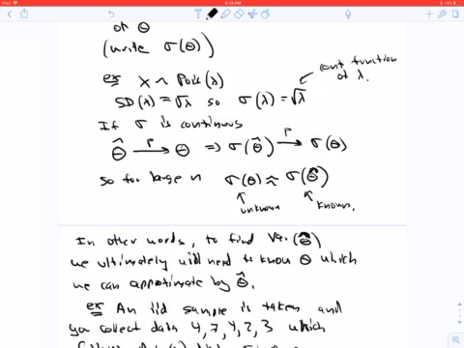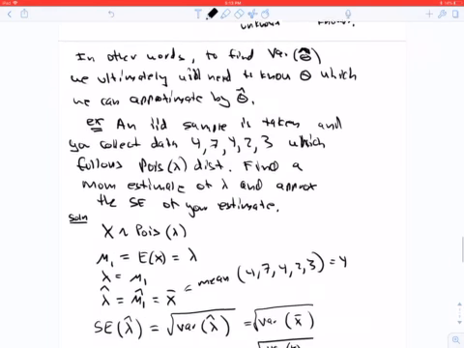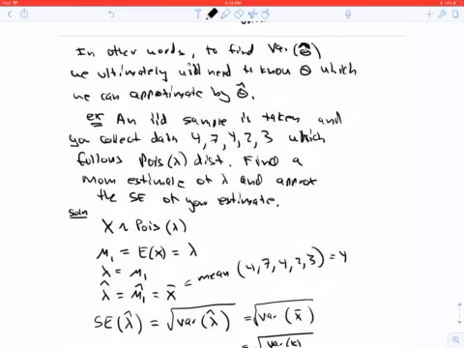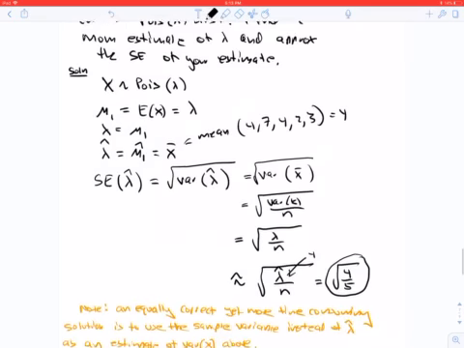So sigma of theta, which is unknown, can be approximated quite well by sigma of theta hat, which is known. So let's take a look at an example here. An IID sample is taken and you collect data, let's say 4, 7, 4, 2, 3, which follows a Poisson lambda distribution. Let's find a MoM estimate of lambda and approximate the SE of your estimate.